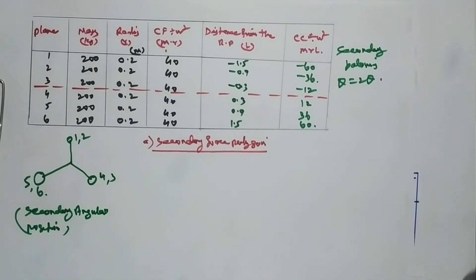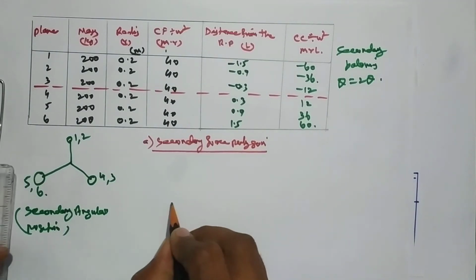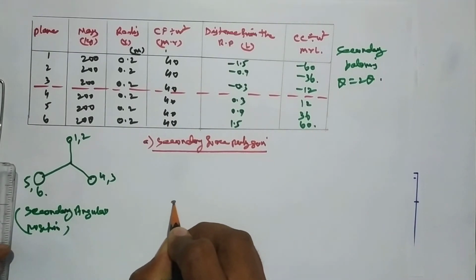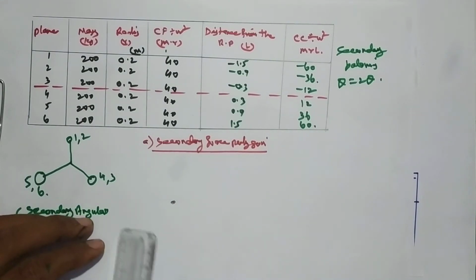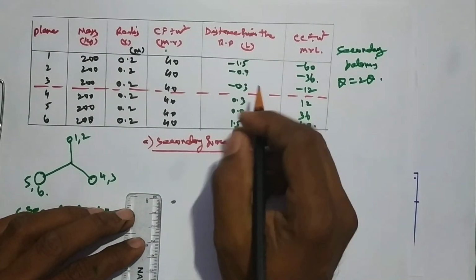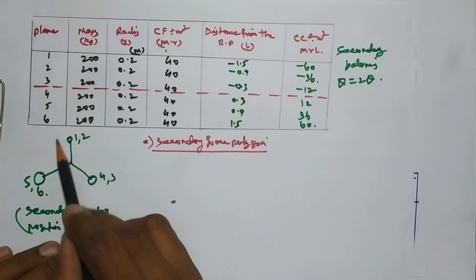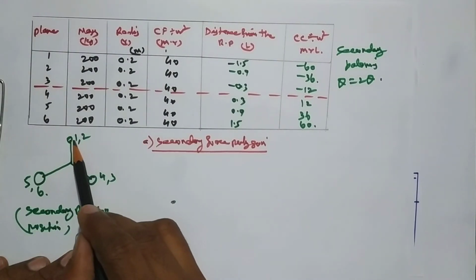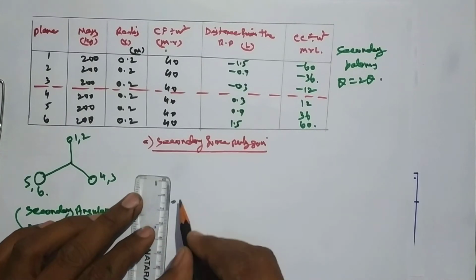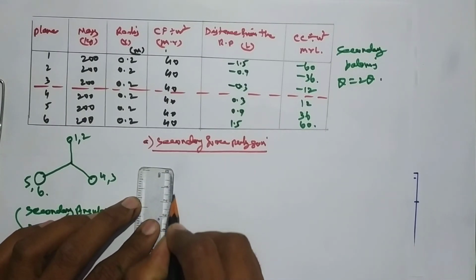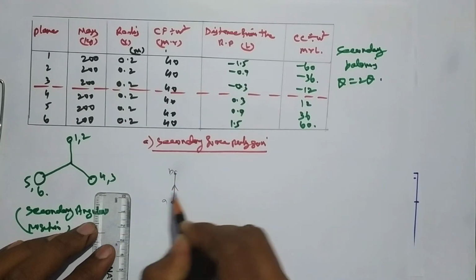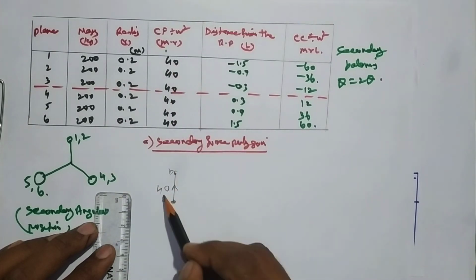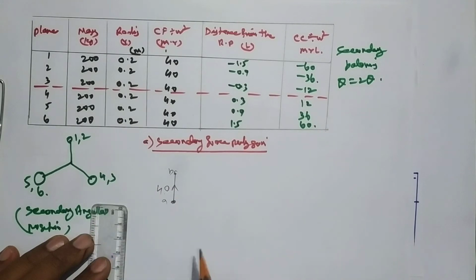I take 2 centimeter from my scale for 40. According to this angular position, for the first cylinder, 40 is in upward direction. So I take 2 centimeter, upward direction. A, this B, it is 40, right? Because it is in upward direction.